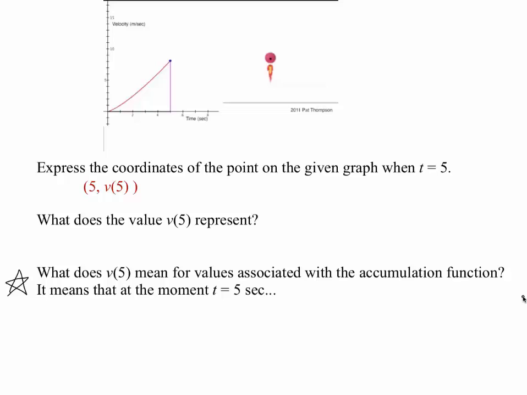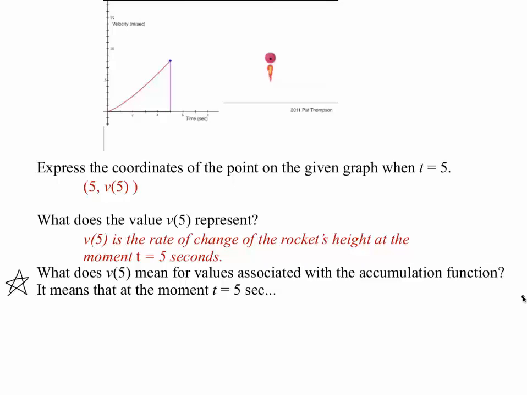Rate of change of time? Rate of change of distance? Getting closer? What did we say the dependent variable of the accumulation was? Height, right? So, yes, it's the rate of change at the moment t equals 5, the rate of change of height. The rate of change of the rocket's height at the moment t equals 5 seconds.